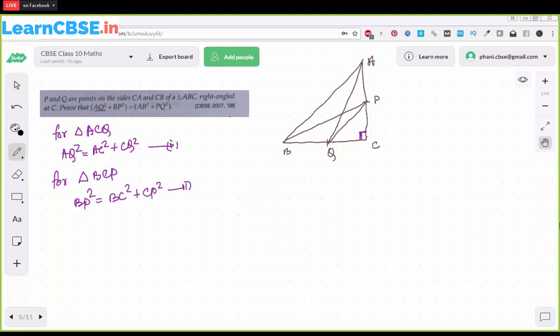That's the second equation we can write. And the third equation that we can write is for the right angle triangle ACB. AB square equals AC square plus BC square. This is the third equation.